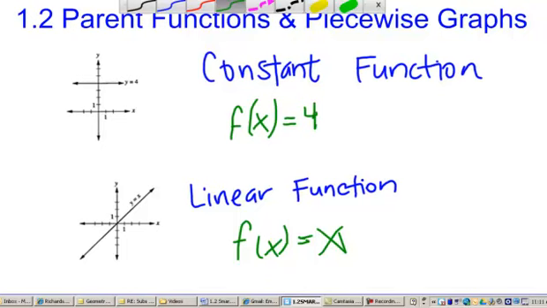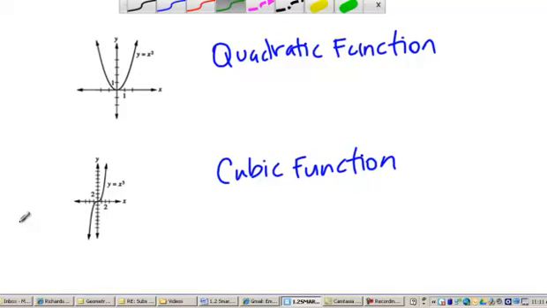Okay? The next graph we are going to talk about, and y'all have seen this before, is the quadratic function. The parent function of the quadratic function is f of x equals x squared.